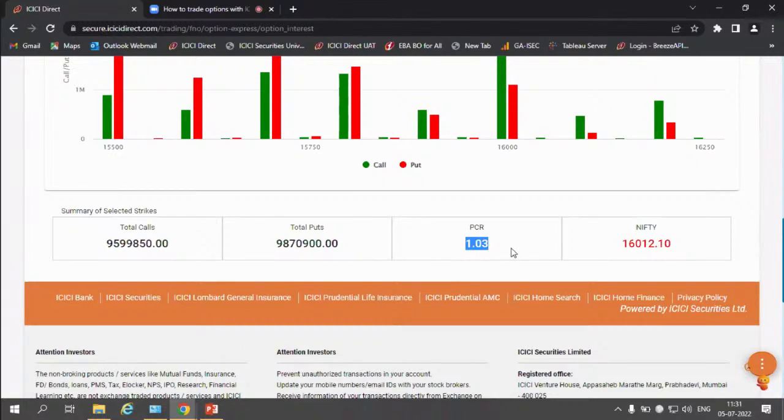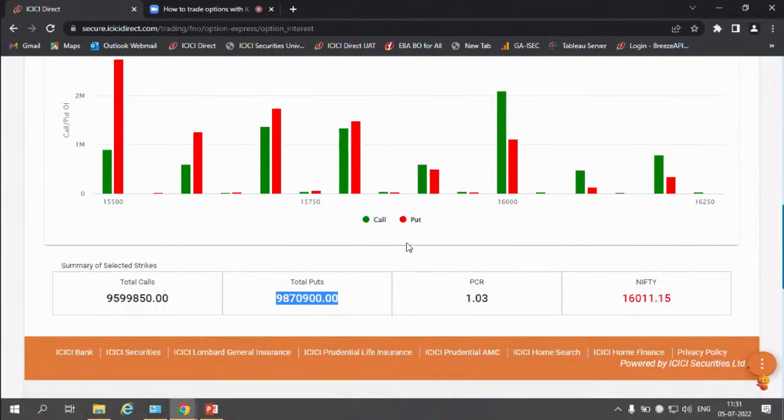I would not call it bullish, I wouldn't call it bearish. The market is presently stable at this number, but as the day progresses, this number could change, because there could be a significant increase or decrease in the total calls and puts, as I just mentioned, since the open interest keeps increasing and decreasing throughout the day.